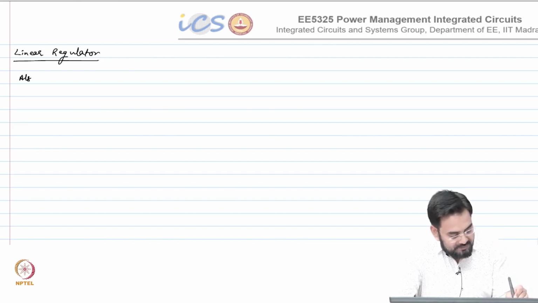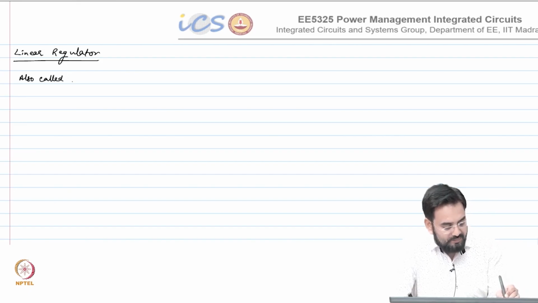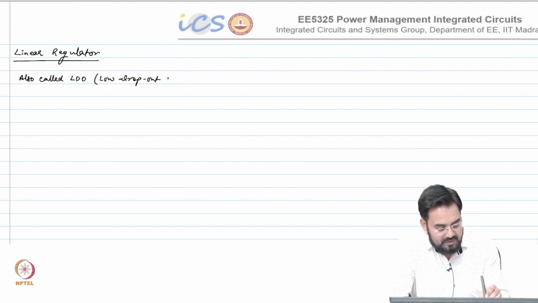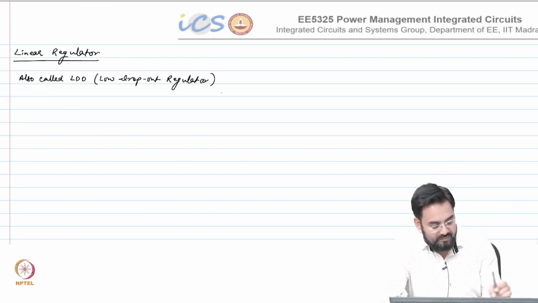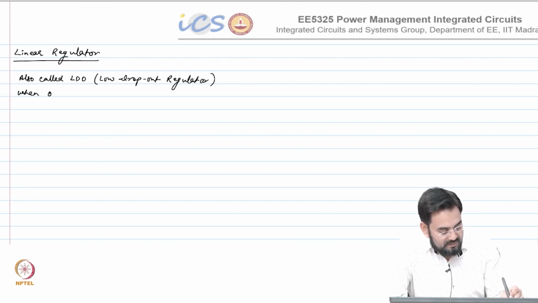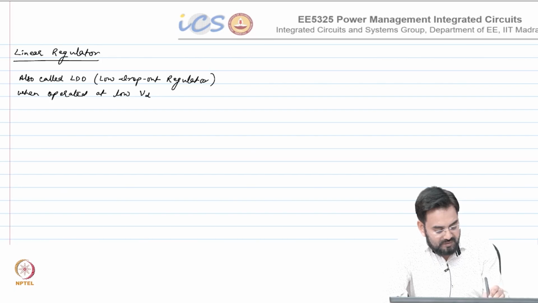Also called LDO, low dropout regulator, when operated at low VDD minus V out, which is nothing but V drop. Okay.